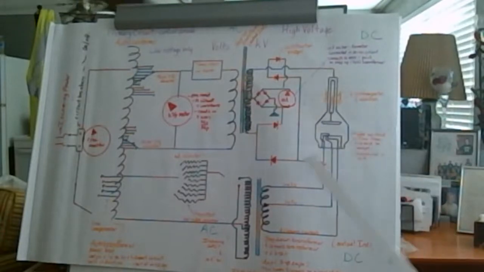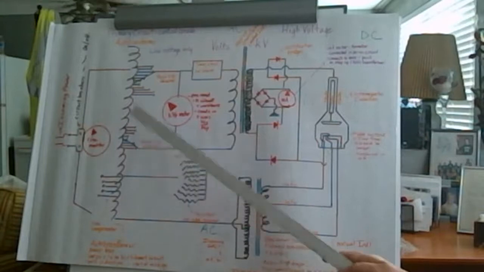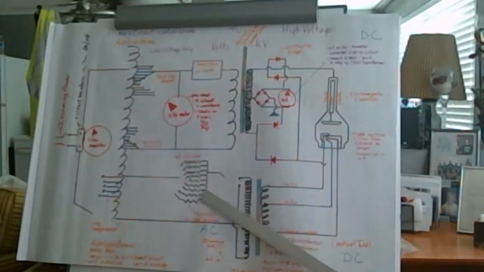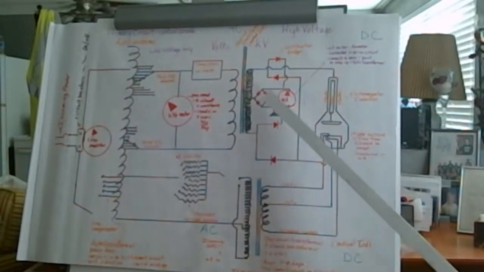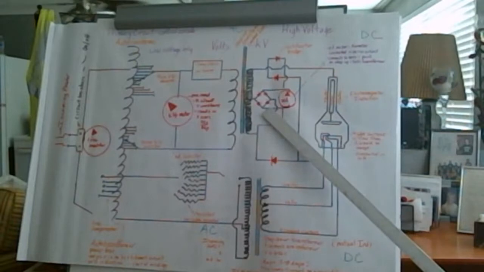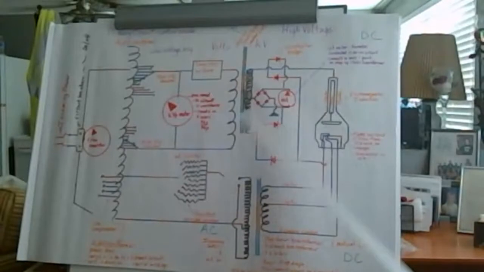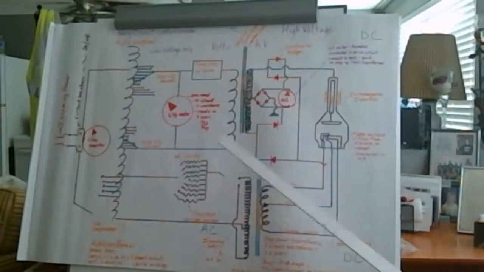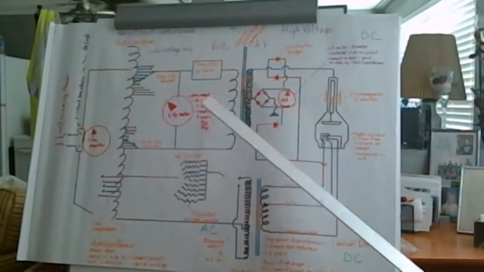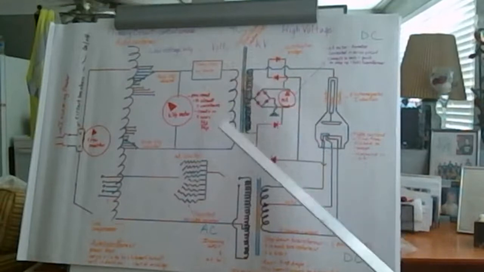So I want you to recognize that. We have a primary circuit, a filament circuit, and the high voltage circuit. All three of these operate in tandem and make up the entire X-ray circuit.